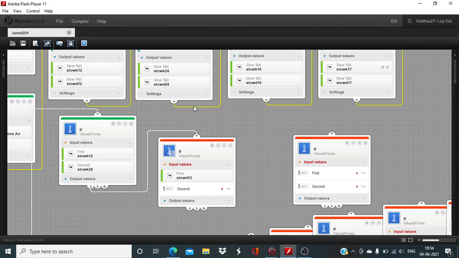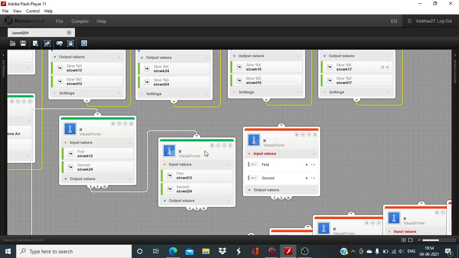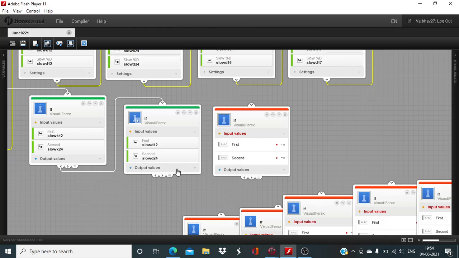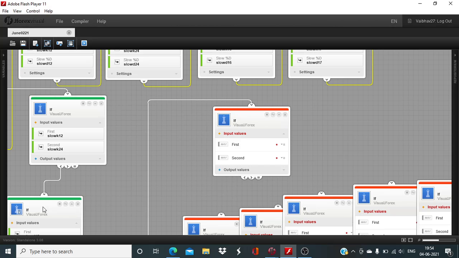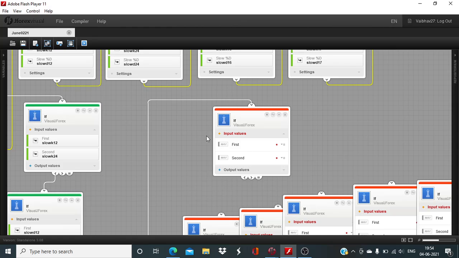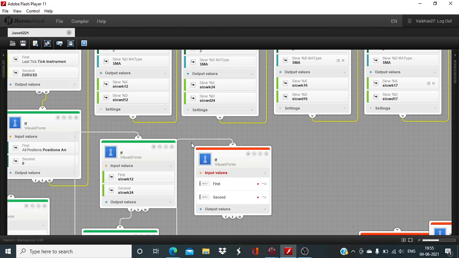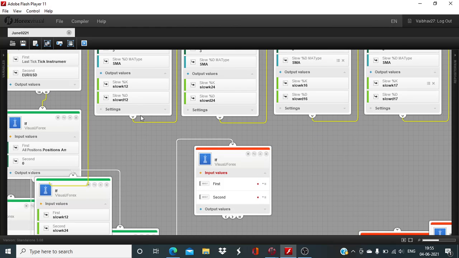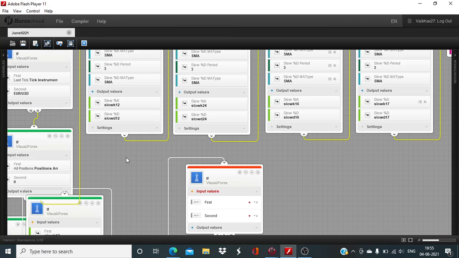Slow D, and here first input less than second input, and we also have to make sure that these two output values are within the predefined band.